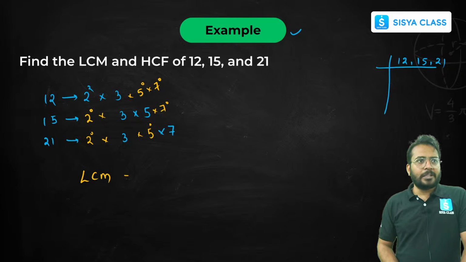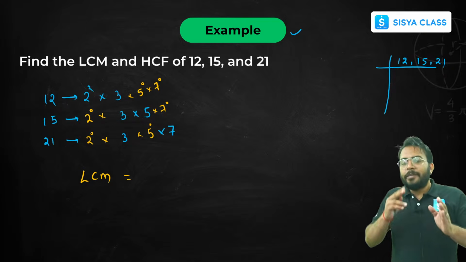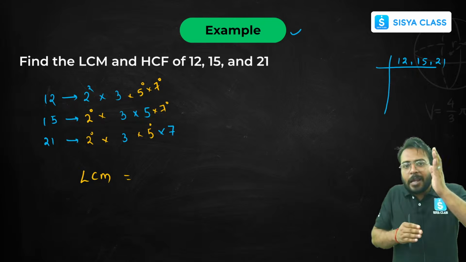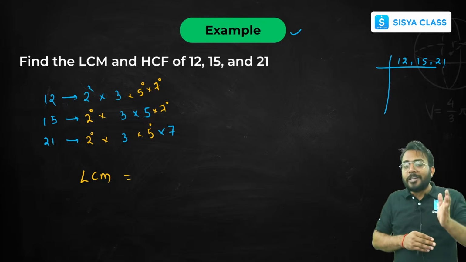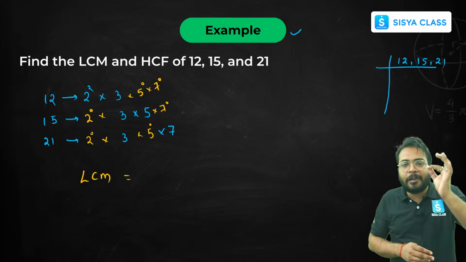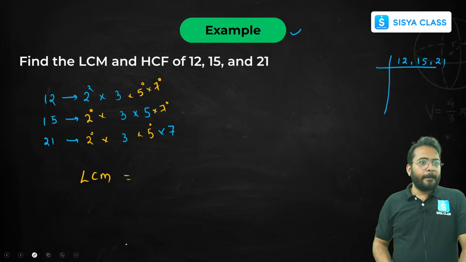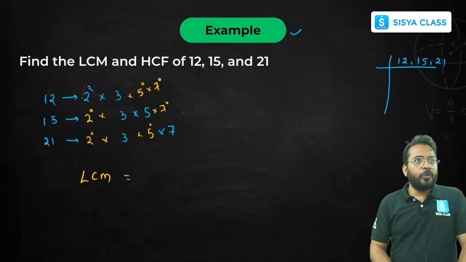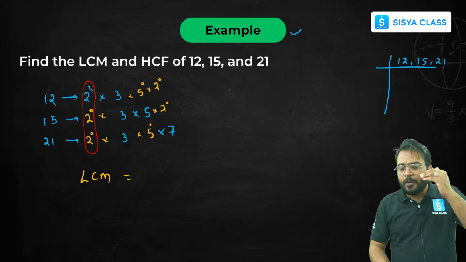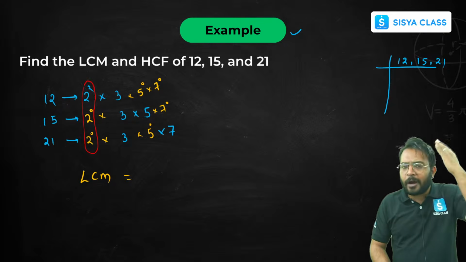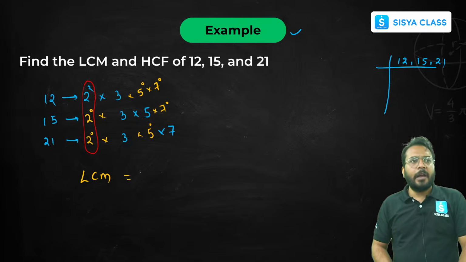LCM means we know that we have to choose the highest power or greatest power of each prime factor. Out of 2, which one is going to be the highest? The highest power is 2 to the power 2.